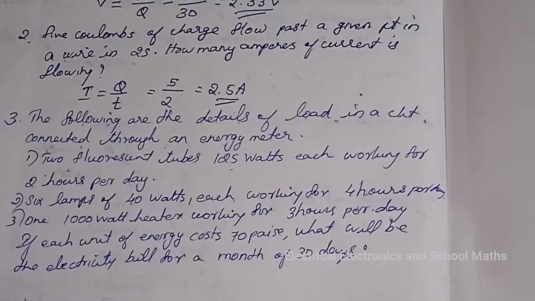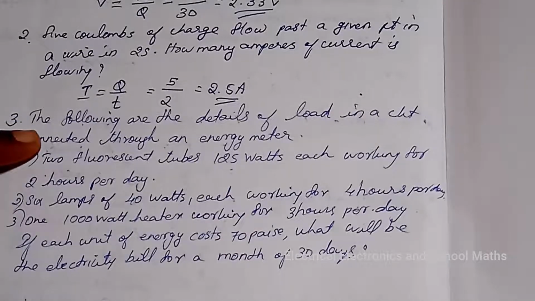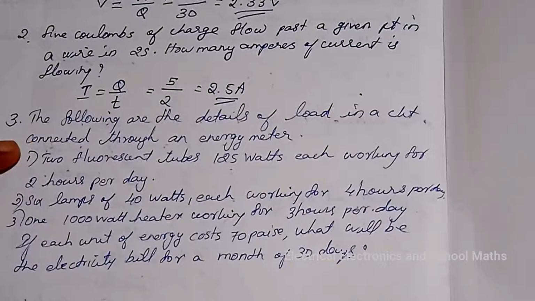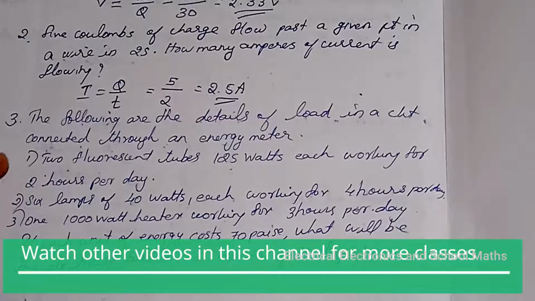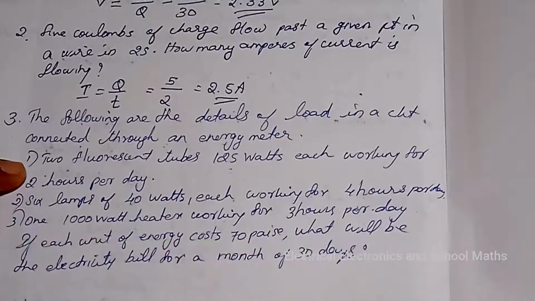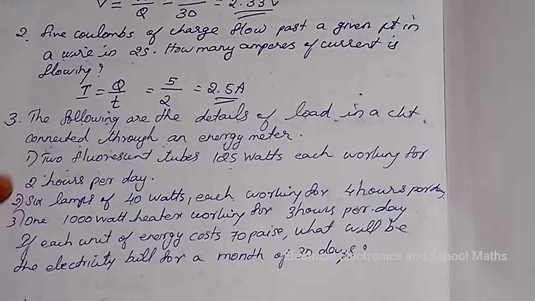Let us go through another problem. The following are the details of load in a circuit connected through an energy meter. First one, two fluorescent tubes, 125 watts each, working for 2 hours per day.